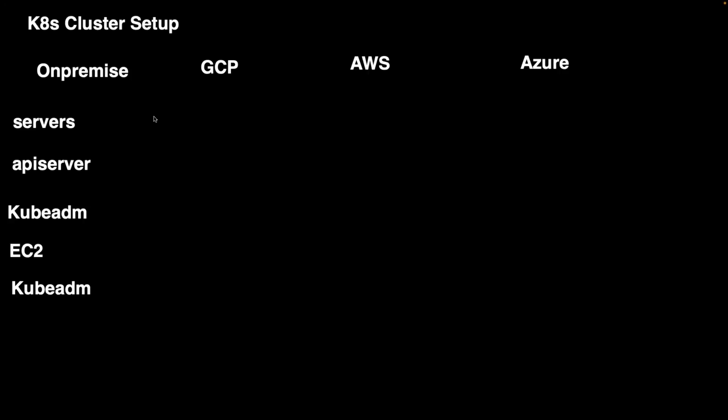GCP provides a managed service called GKE, Google Kubernetes Engine, which is the easiest way of cluster creation. With a single click, you can create a production grade cluster. This is possible because Kubernetes was initially a product of Google, right?